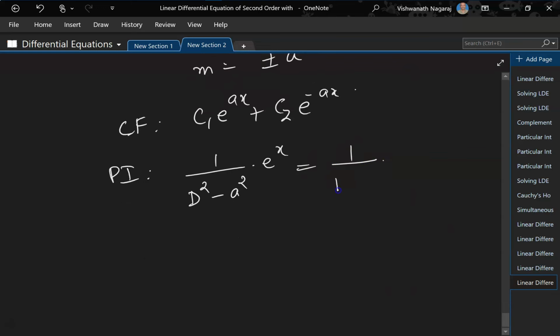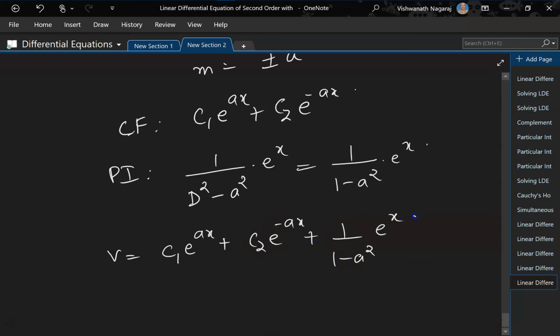So this becomes 1 by 1 minus a square e to the power of x, right? So pi is this. So v would be equal to C1 e to the power of ax plus C2 e to the power of minus ax plus 1 by 1 minus a square e to the power of x.